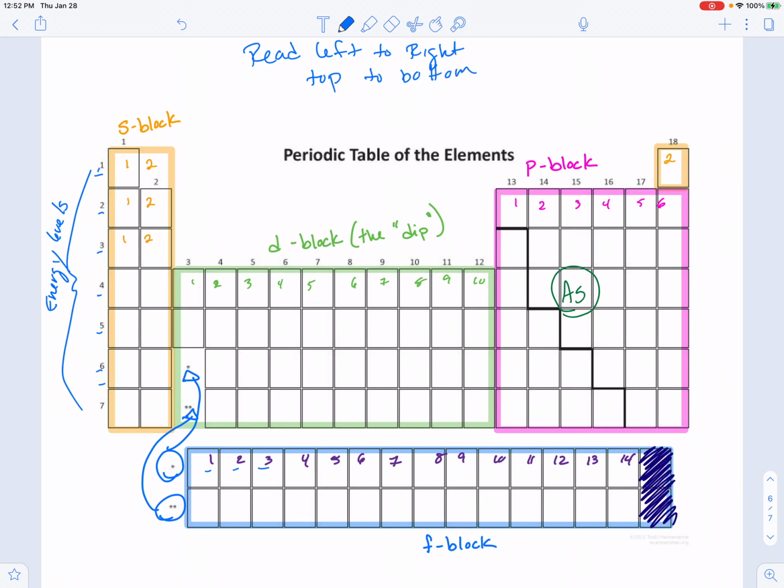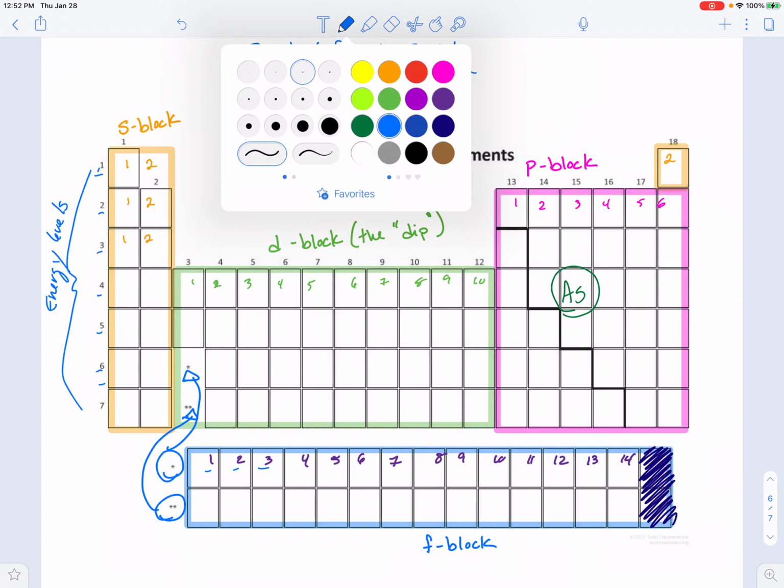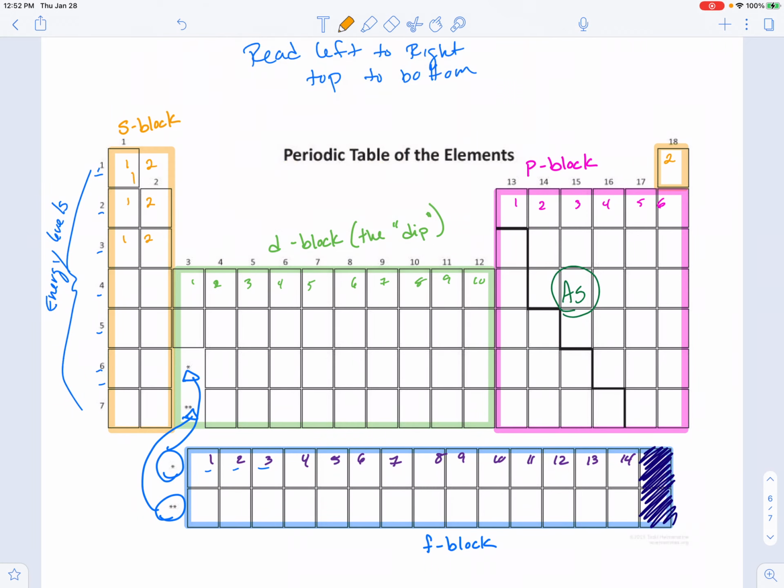So once you have that figured out, there are just a couple of additional things. If we look at your S block, you would refer to this first part as 1S. So first energy level, S sublevel. So this is 1S, this is 2S, this is 3S, this is 4S, 5S, 6S, 7S.